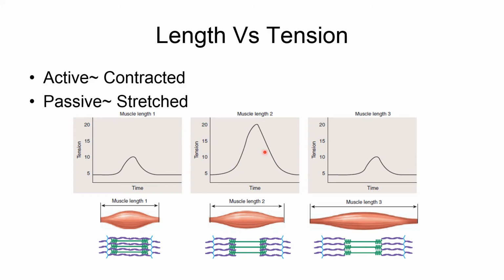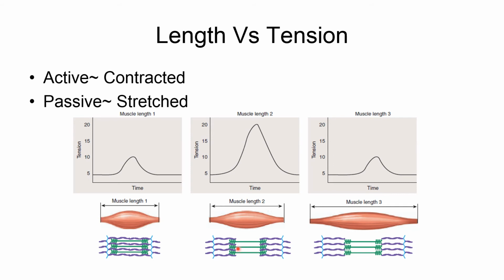So if we see weightlifters or athletes, they stretch first. Why do they stretch? In order to bring the muscles to optimal overlap of actin and myosin, with the sarcomeres open. When they were in the relaxed position, their muscular sarcomeres were closed, so if stimulated, they would produce only a little force.